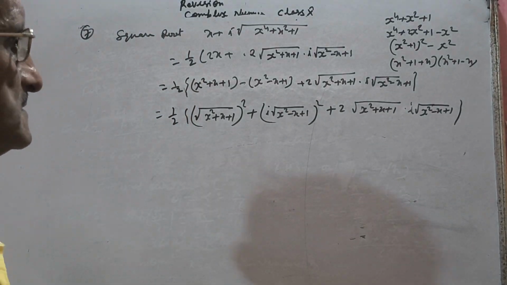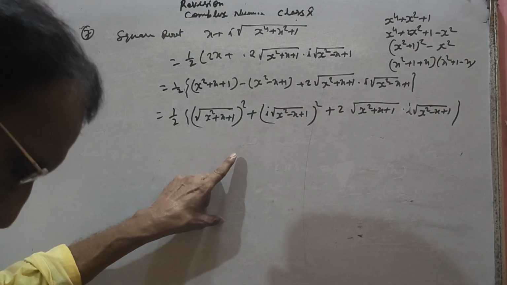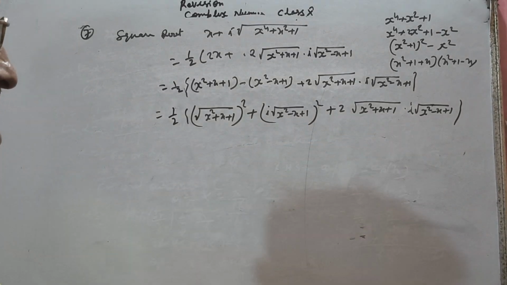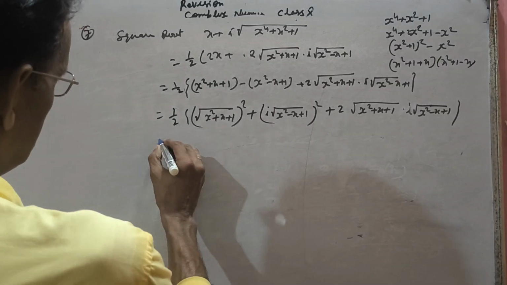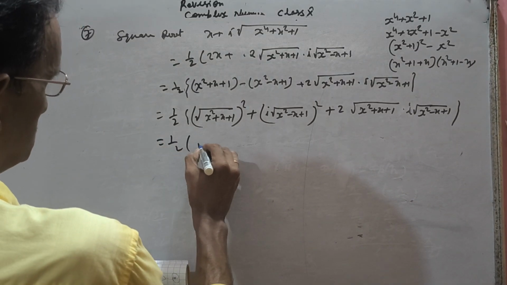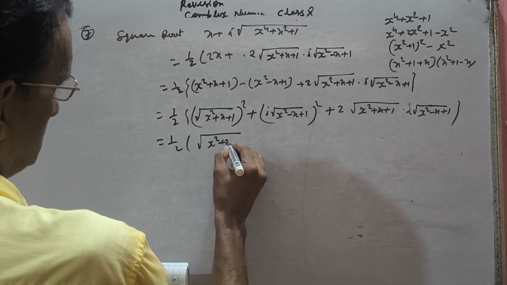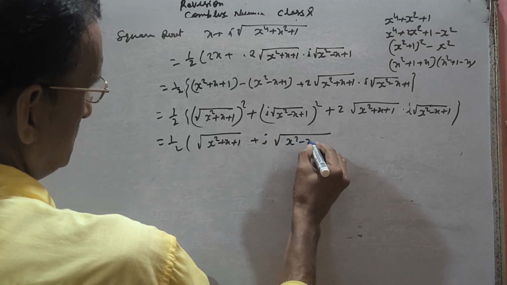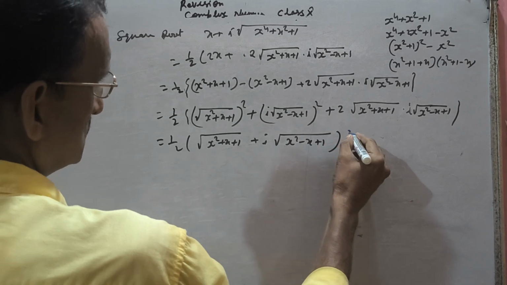Okay, this is in the form of a² + b² + 2ab, which is (a + b)². So (1/2)(√(x² + x + 1) + i √(x² − x + 1))².